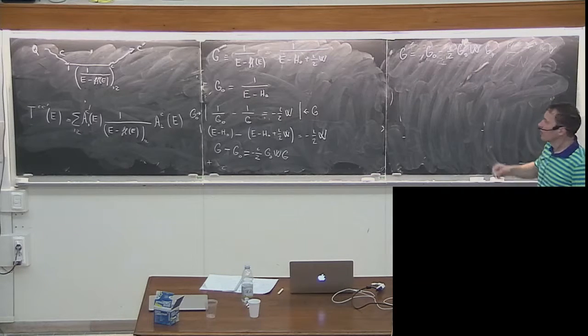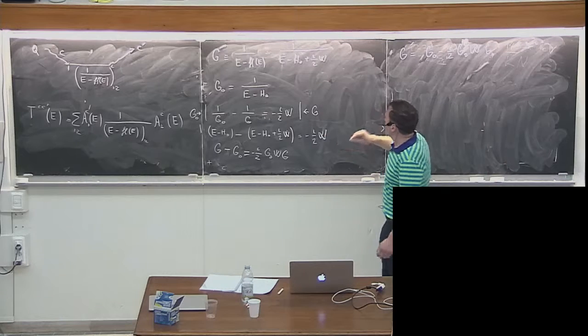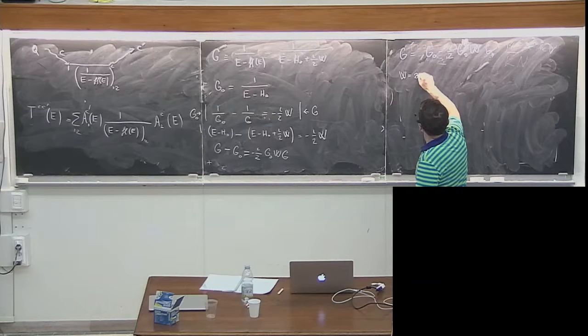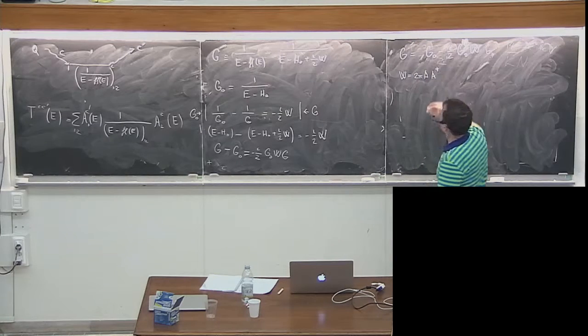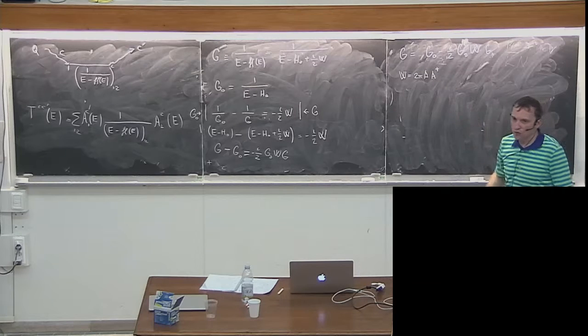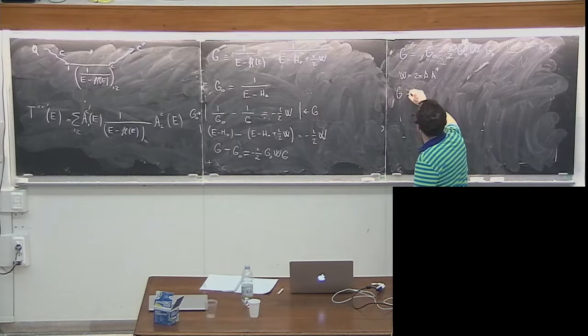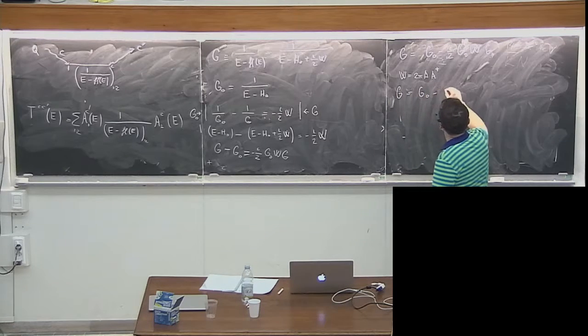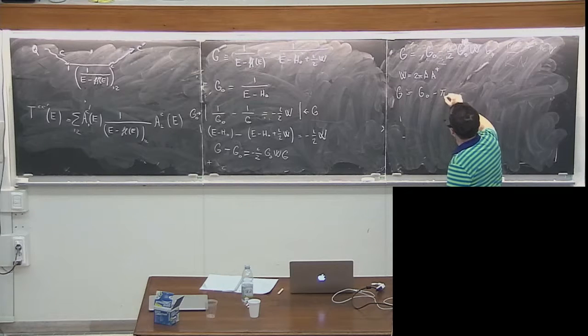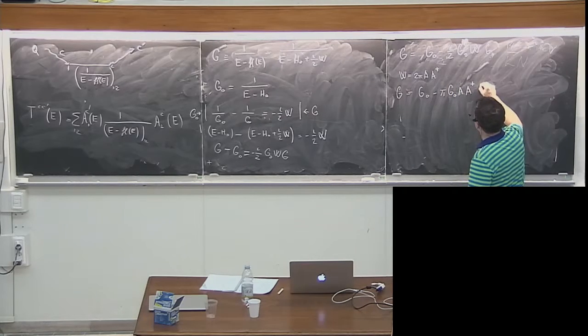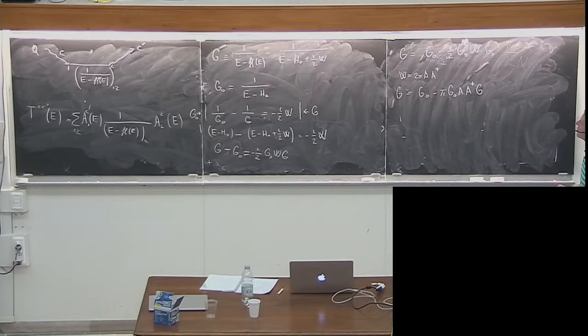Since W is factorized, so W is 2 pi A dagger A, where A is some block matrix out of channels, then I can write my full propagator as G naught minus i pi G naught A dagger A G. And there is the i, which I should not forget.